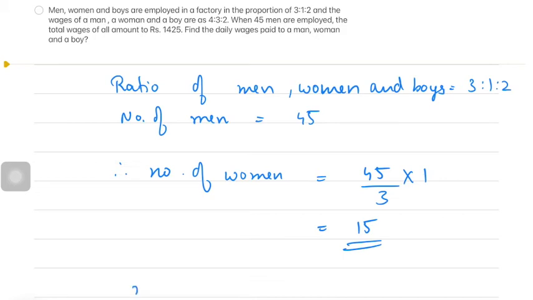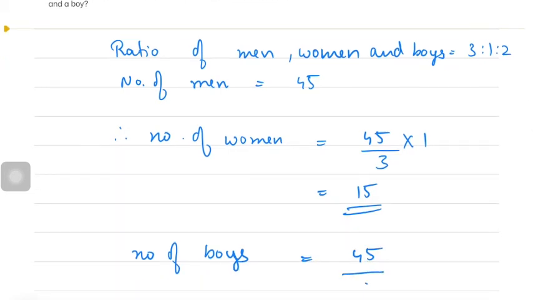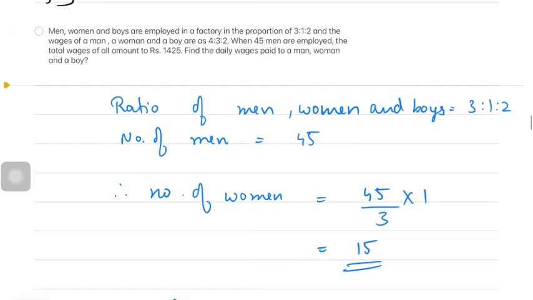So, and number of boys will be 45 divided by 3 multiplied by 2. Okay, cross multiplication. So this comes to 30.